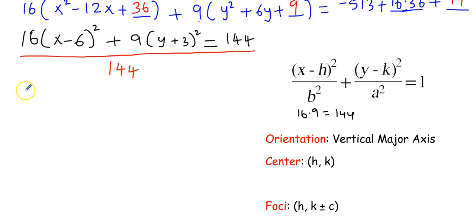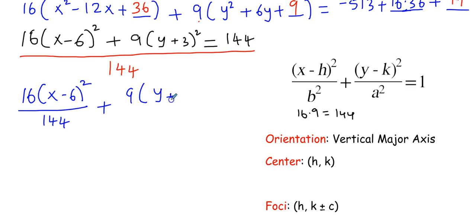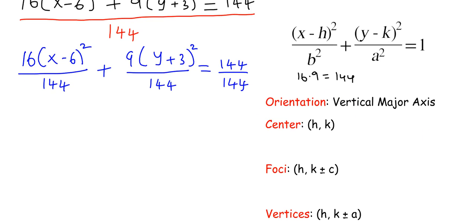Okay, so we have now 16 times x minus 6 whole square over 144, plus, I divided this, 9 times y plus 3 whole square over 144, is equal to 144 divided by 144.